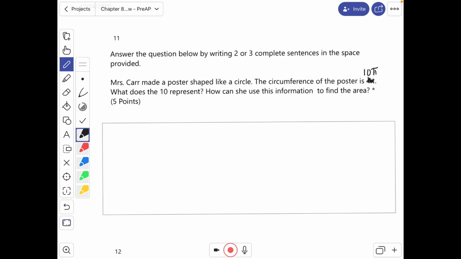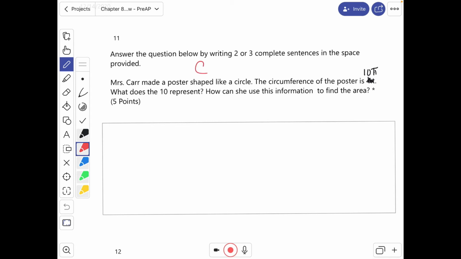Number 11, answer the questions below by writing 2 or 3 complete sentences in the space provided. Mrs. Carr made a poster shaped like a circle. The circumference of the poster is 10 times pi. What does the 10 represent, and how can she use this information to find the area?